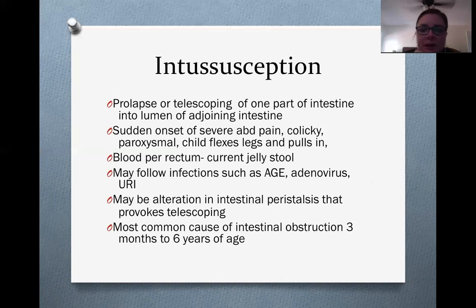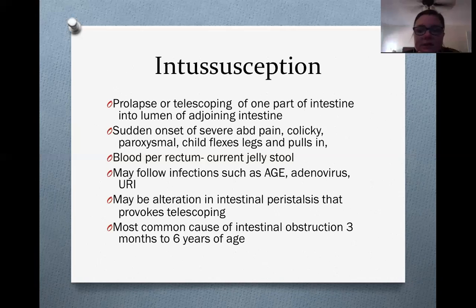And what's going on is that part of their intestines is actually overlapping and telescoping into the adjacent part of the intestine, and that causes some hypoxia and can cause necrosis, death of that tissue, if it's not resolved.